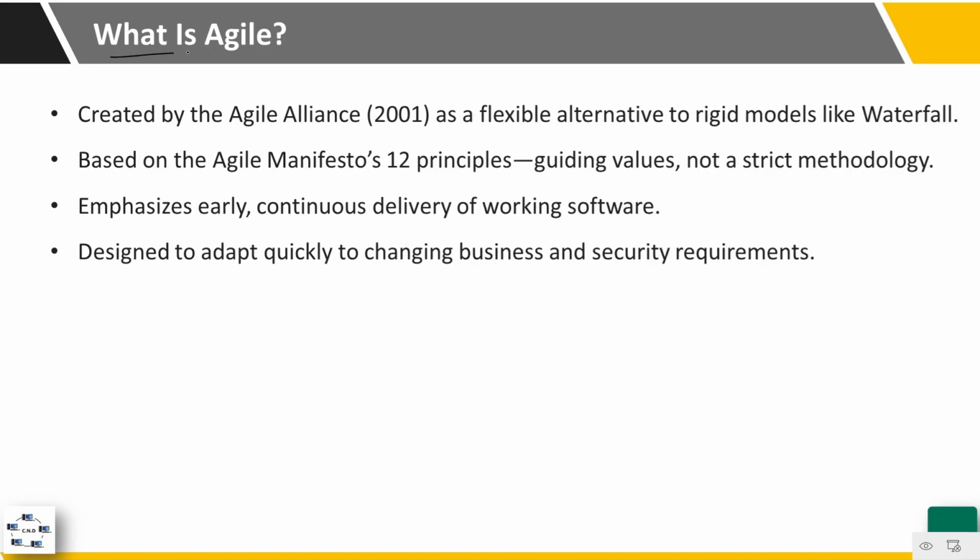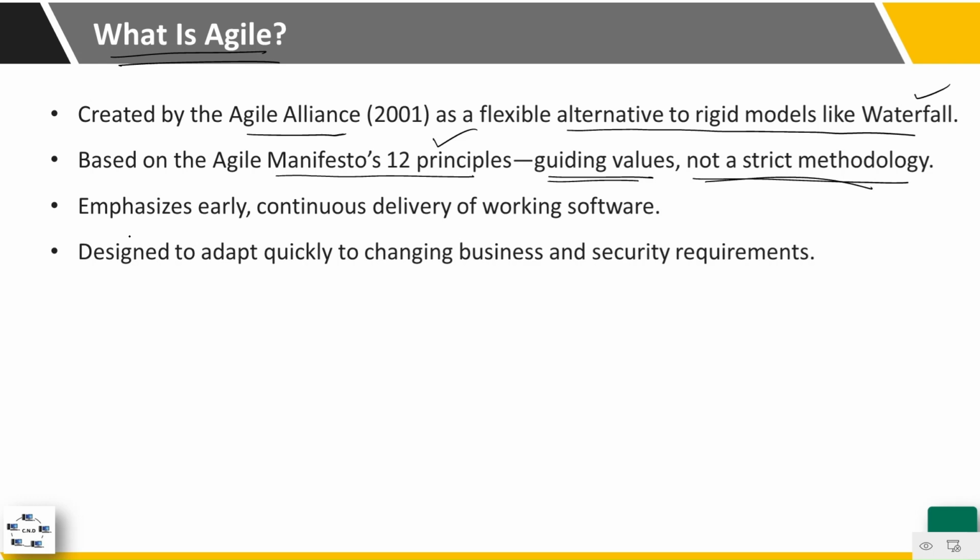So then we have another model, that is Agile. What is Agile? Agile was created by the Agile Alliance in 2001 as a flexible alternative to rigid models like Waterfall. It is based on the Agile Manifesto's 12 principles. These are guiding values or principles and not a strict methodology.